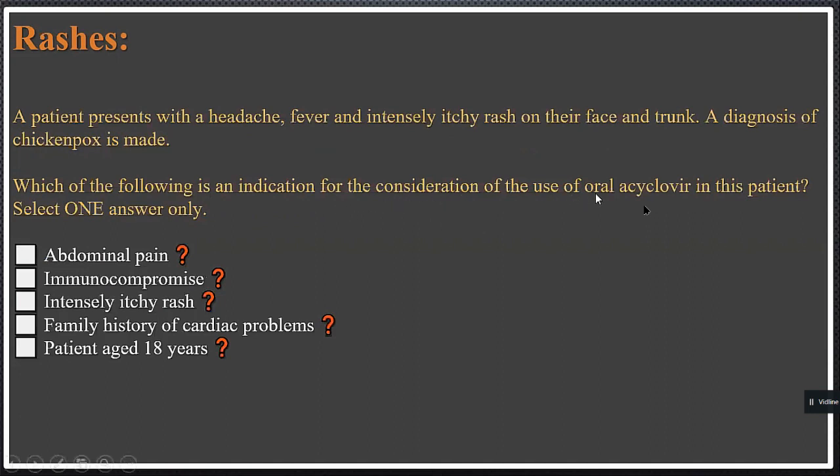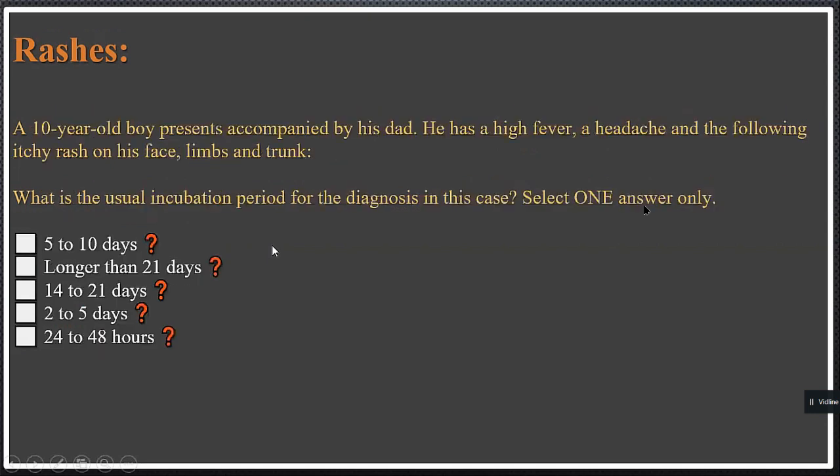Indication for consideration of oral acyclovir in this patient: last option, patient aged 18 years. Okay. Usual incubation period for the diagnosis in this case: the patient is 10 years old with fever and headache, so 14 to 21 days.